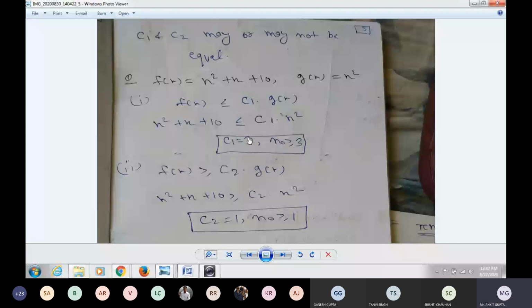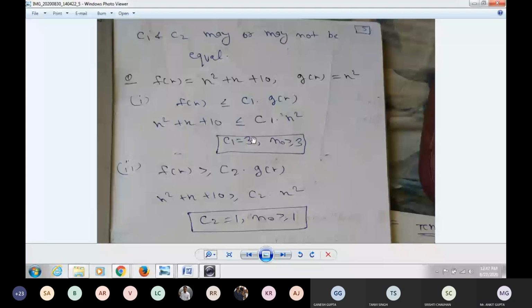I have discussed this question in big O. So n square plus n plus 10 is less than or equal to C1 into n square. What should be the value of C1? C1 is 3, n naught is greater than or equal to 3.